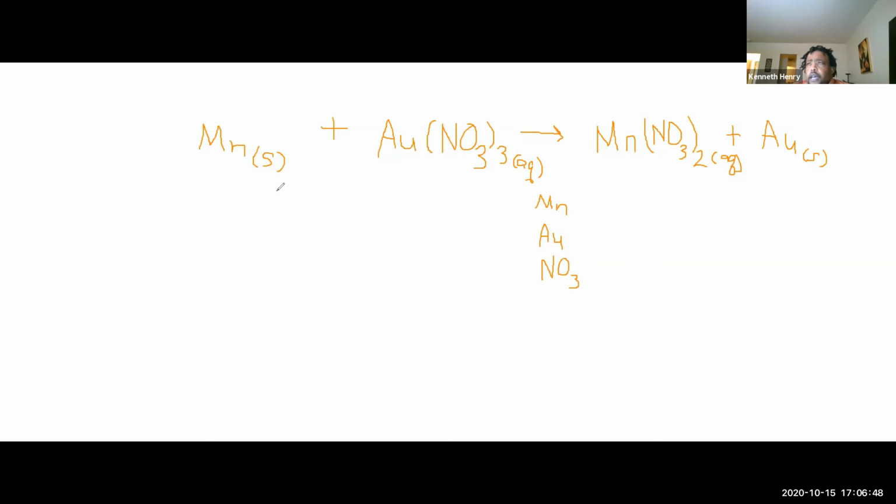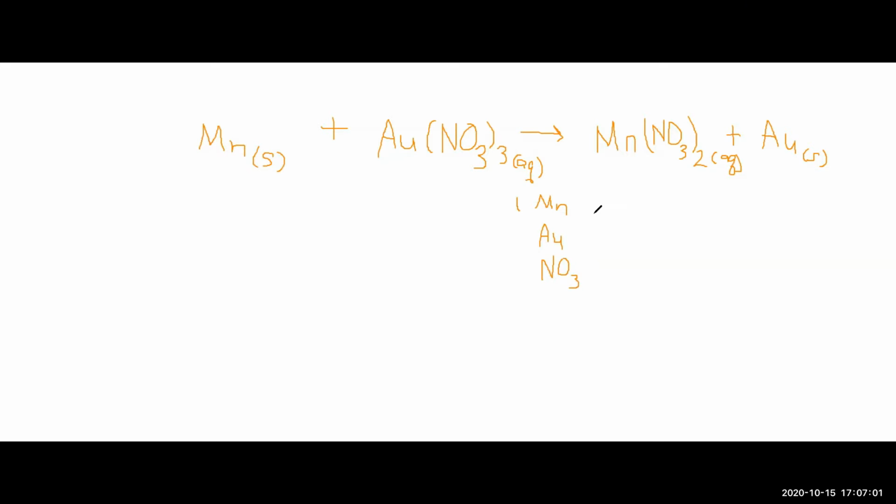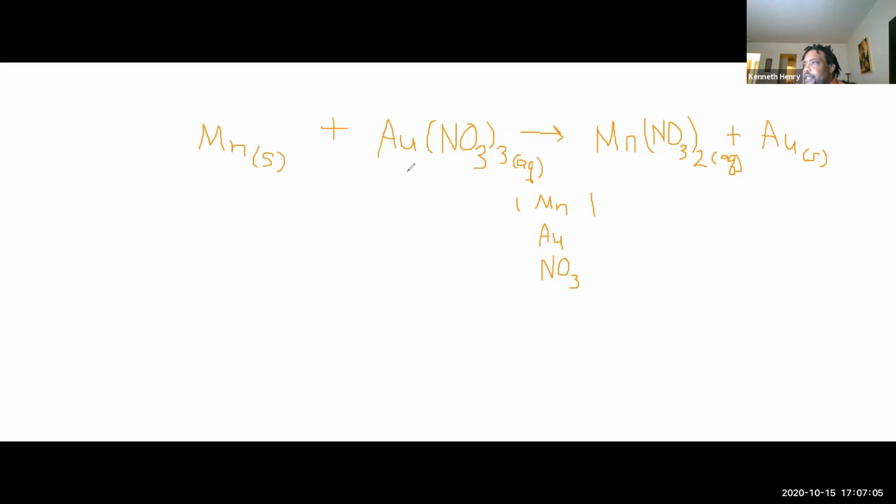So on the reactant side, how many manganese do I have? One. On the product side, how many manganese do I have? One. On the reactant side, how many gold do I have? One.